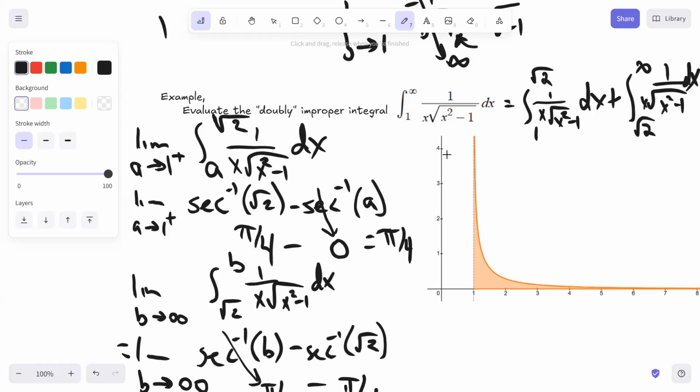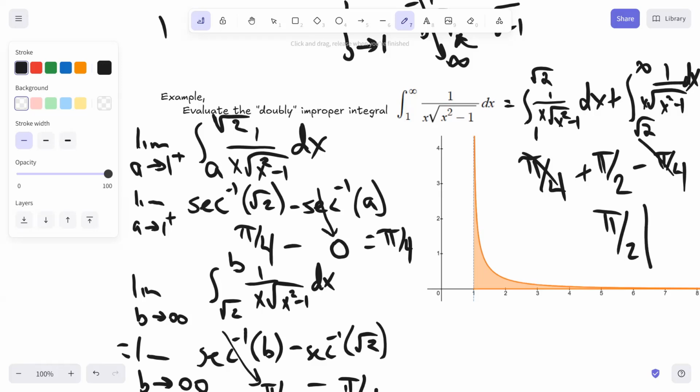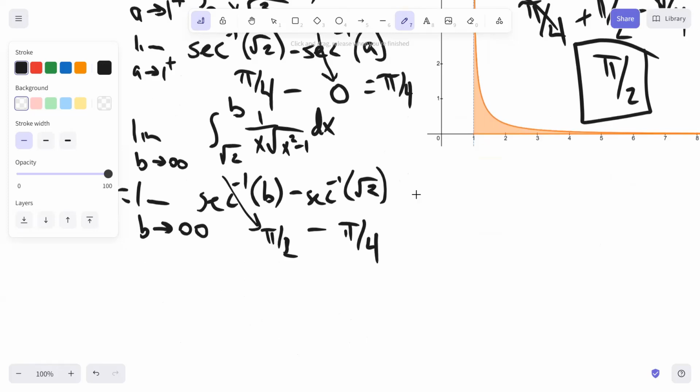For the first one, we got pi over 4 minus 0, so pi over 4. And for the second one, we got pi over 2 minus pi over 4. The pi over 4s cancel, and the area under the curve from 1 to infinity for the doubly improper integral is equal to pi over 2. So we know it converges and equals pi over 2. Oh boy, that's a lot going on there.